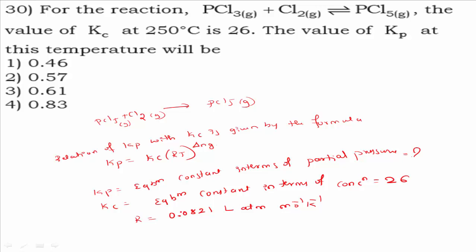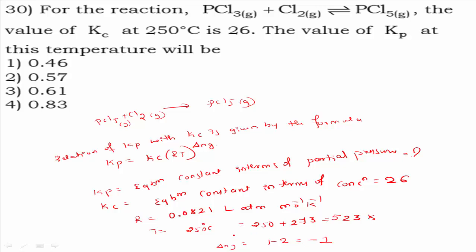T equal to temperature, given as 250 degrees Celsius, which is 250 plus 273, so in Kelvin it is 523 Kelvin. Delta Ng is the change in the number of moles of gaseous products and gaseous reactants. Delta Ng equal to 1 minus 2 is equal to minus 1.